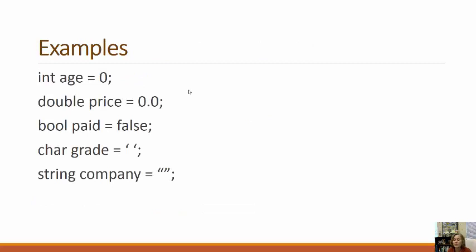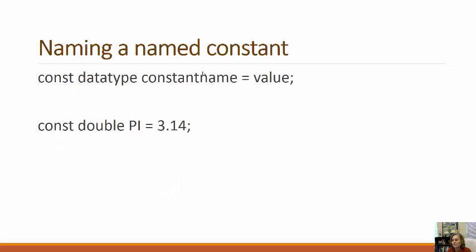Here's some examples of correctly named variables and their initial values. So if you look through here, they all have semicolons and they all have correct initial values. Naming a named constant is a little different because you put the word const, the data type, and then the name and the value.